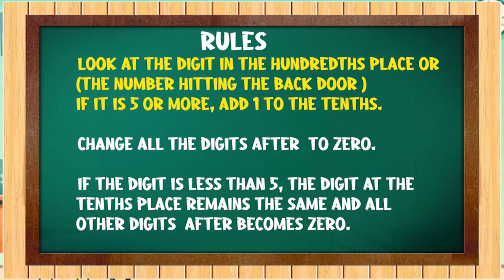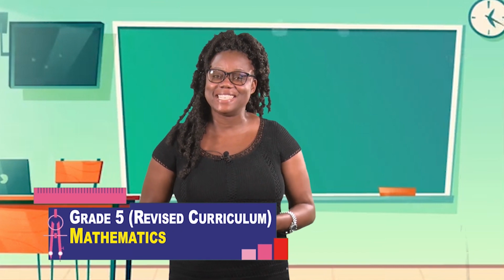If it is 5 or more, add 1 to the tenths and change all the digits after to 0. If the digit is less than 5, or 4 and less, the tenths place remains the same and all other digits after the tenths place become 0. Let's quickly look at this example.